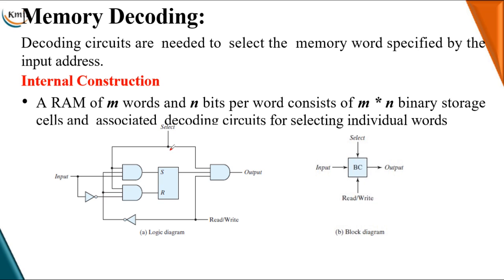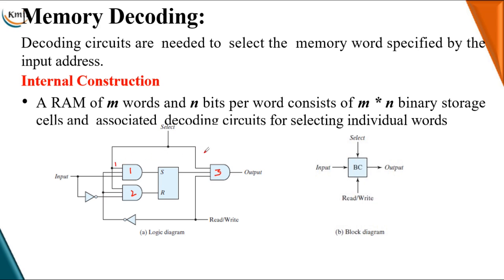This select input is transferred as an input of AND gate 1. The first and second AND gates are the input gates, and the third AND gate is the output gate. So the select input is transferred as one of the inputs of the first AND gate and second AND gate, along with one of the inputs of the third AND gate.